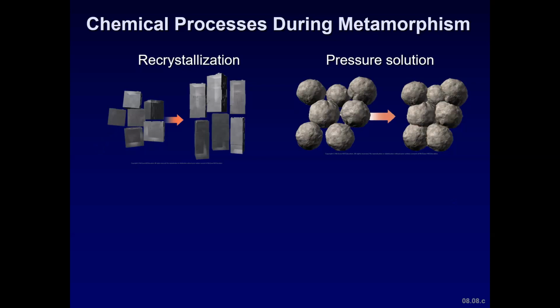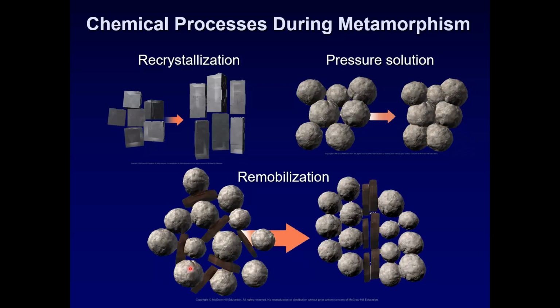Material is dissolved from highly stressed edges of grains, and it precipitates out elsewhere in the rock, and then the rock will lose volume under pressure solution. You can have remobilization. That's where chemical constituents in the rocks diffuse, dissolve, or partially melt, and that's going to produce light and dark bands in a rock like gneiss.